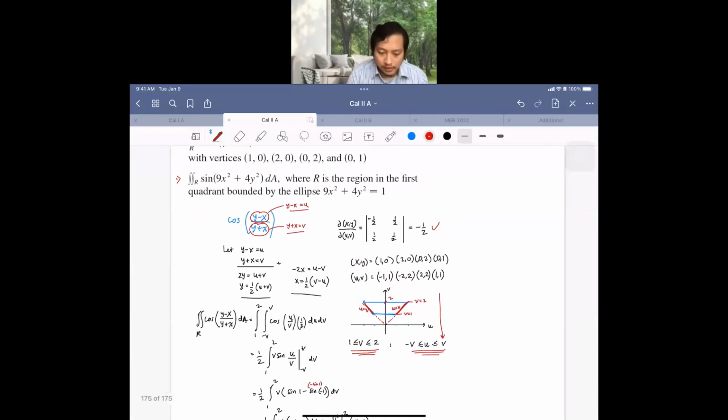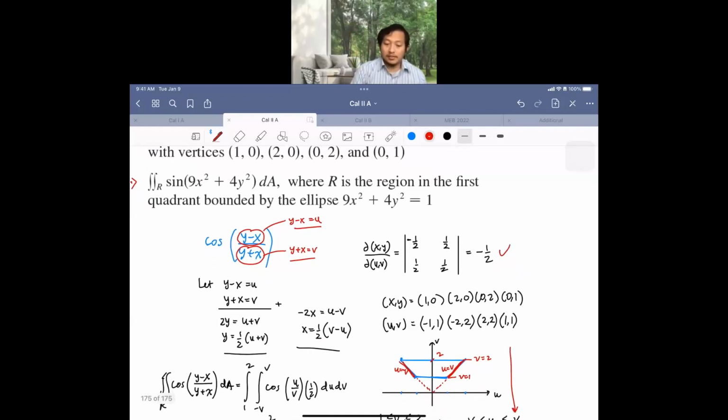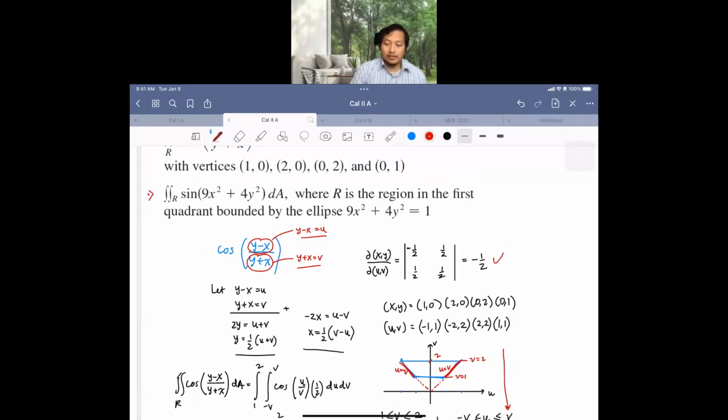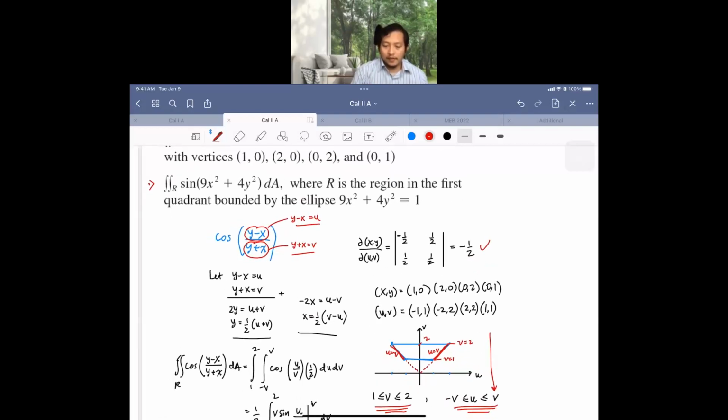Another example, if you look at the second question here, it has a region bounded by an ellipse. You need to be aware that when you have an ellipse, probably the image that you get will be a circle, or it will involve a conversion into polar. Later on, you can convert to polar. So first we need to imagine what x and y should change into for our conversion.